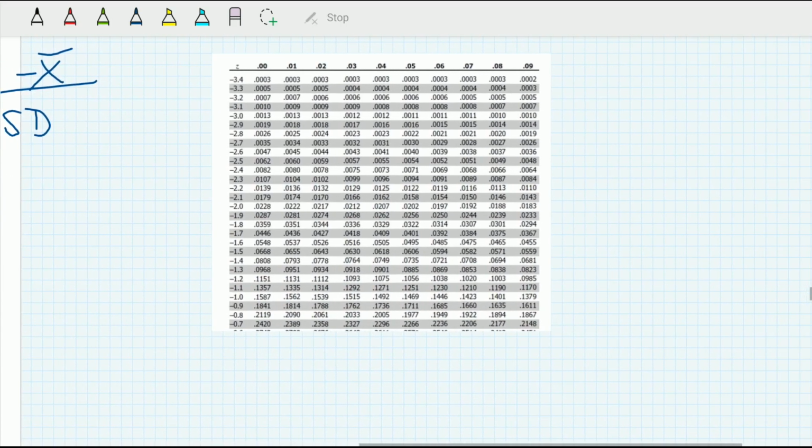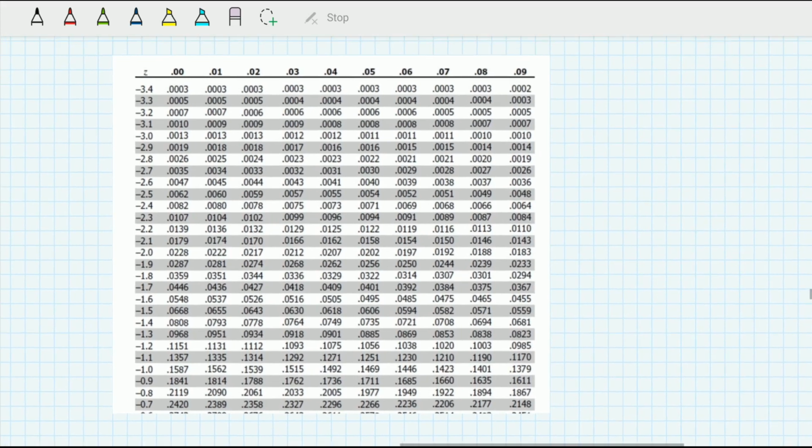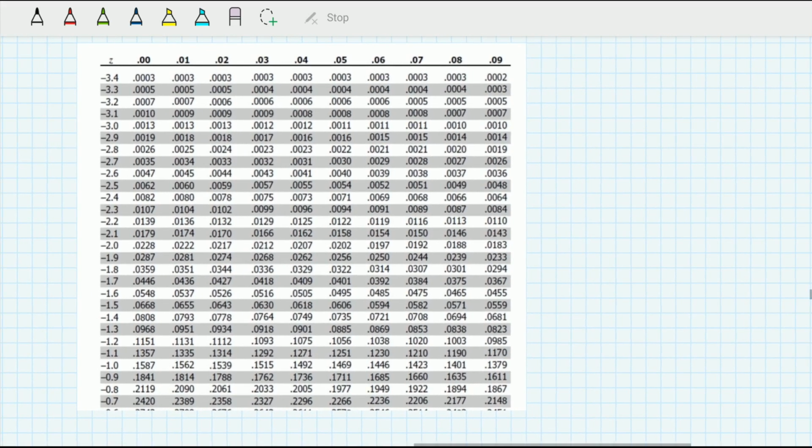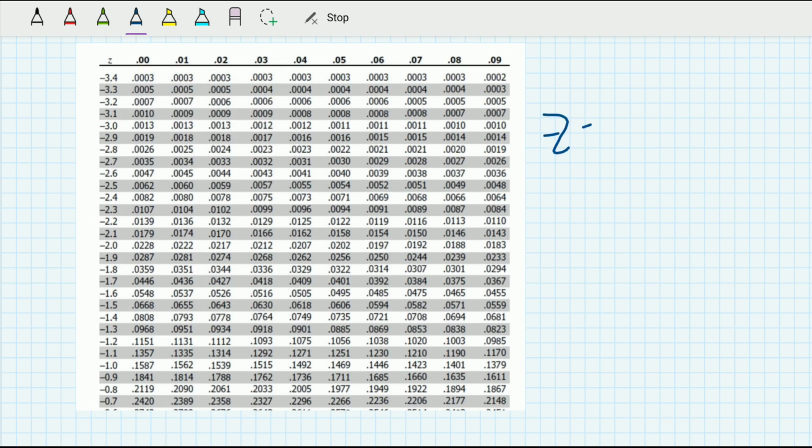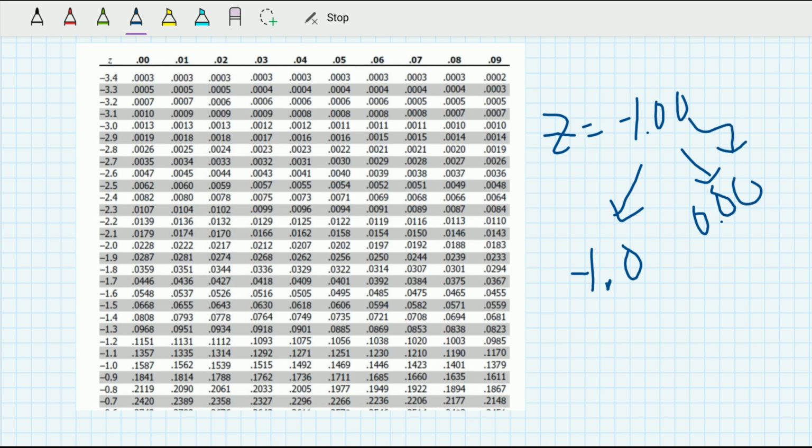The z-score is negative 1.00. Remember, we break it up into two sections: the integer and the tenths, and then the other one is always 0.0 first, and you just take the second number and bring it down. So it's 0.00. I know right now this is a little bit overkill, but this is what you need to do.